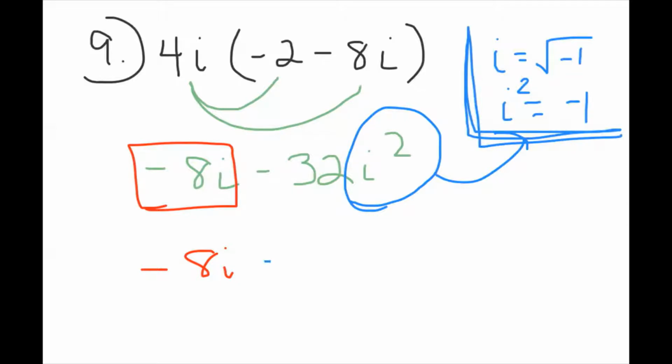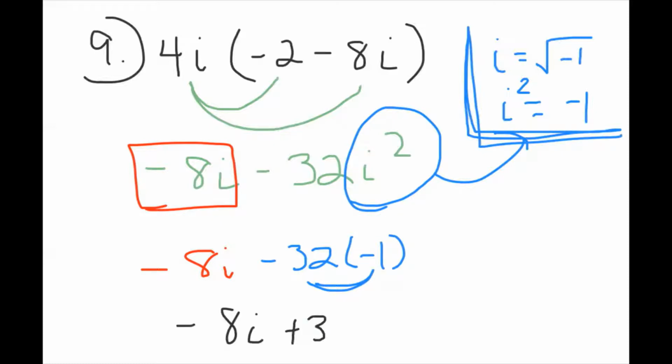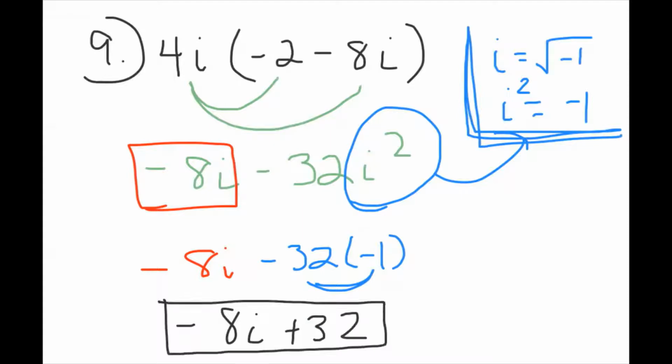So I can really write this as -32 times -1. -32 times -1 is going to give me a positive 32. So my answer is -8i plus 32. Just like I would multiply x's and y's and v's and whatever, that's how I treated i, except it had this special property here.